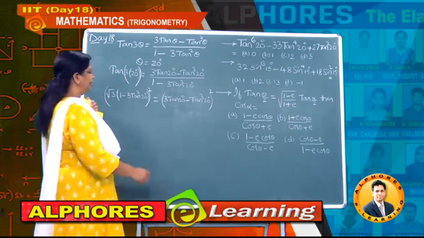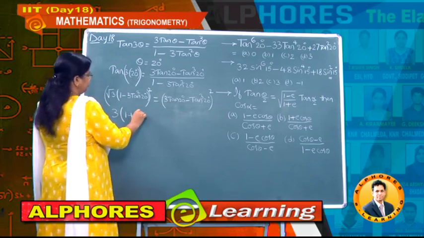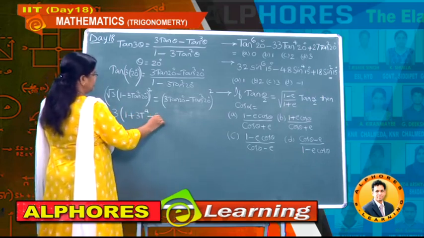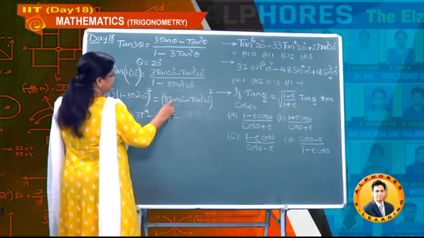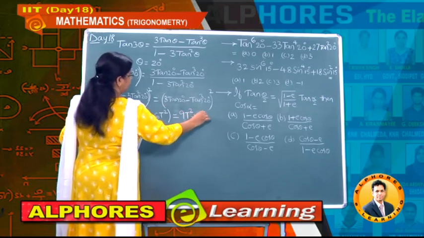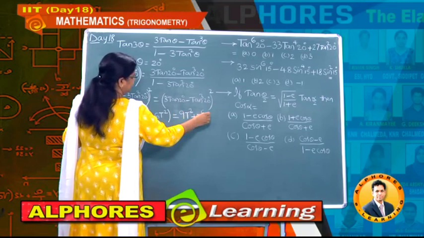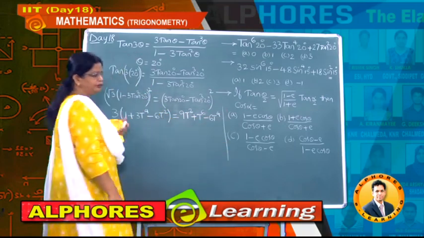Now let us expand. This is 3 into 1 plus 9 tan to the power of 4 minus 6 tan square. And this side you have 9 tan square plus tan to the power of 6 minus 6 tan to the power of 4.